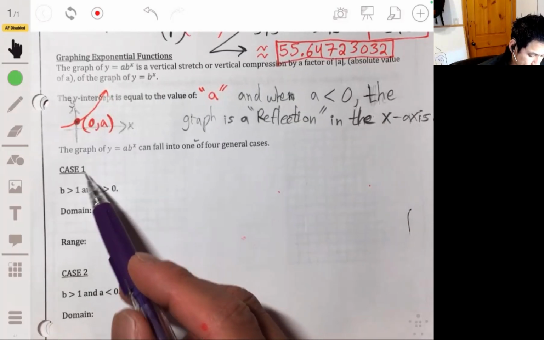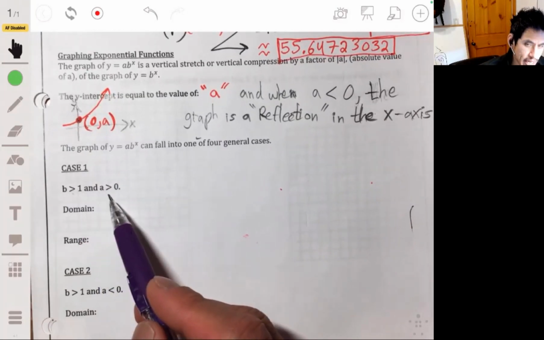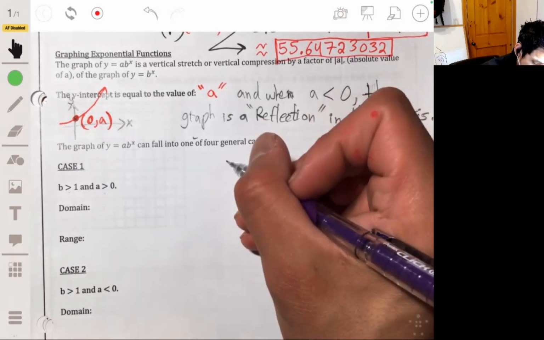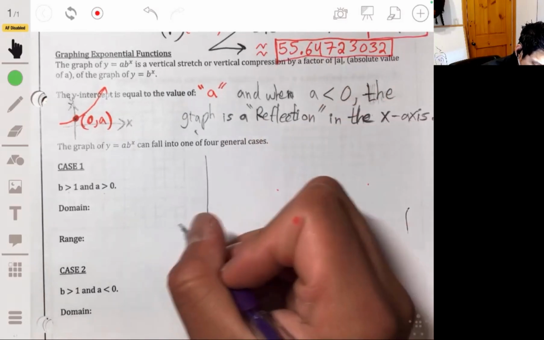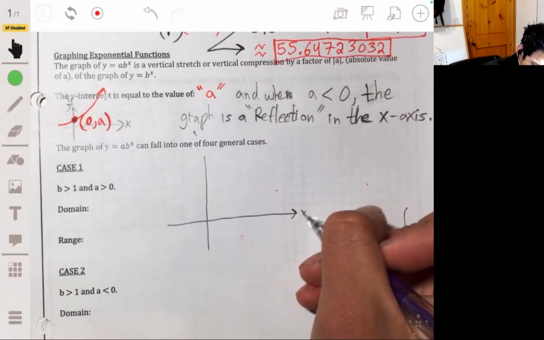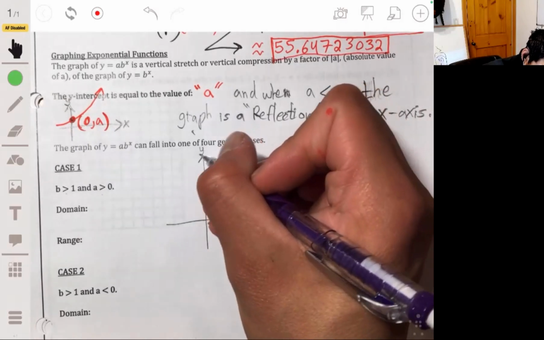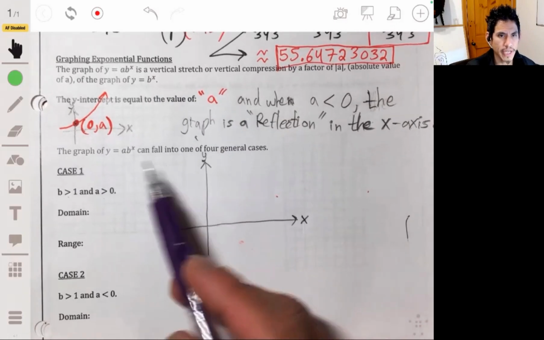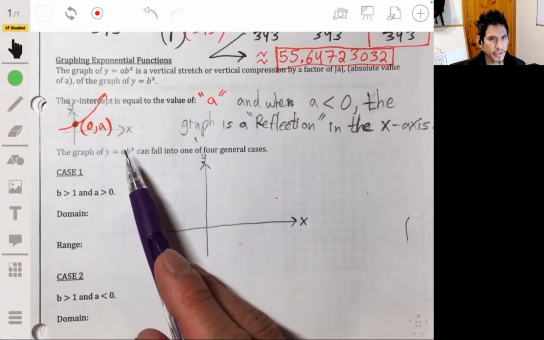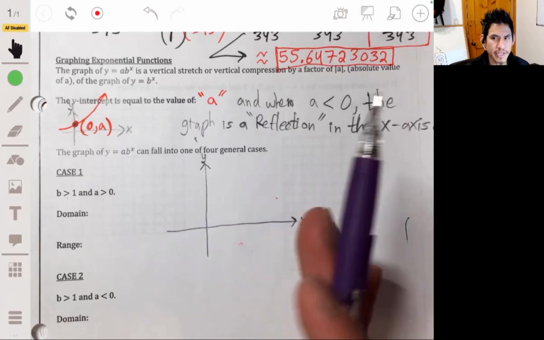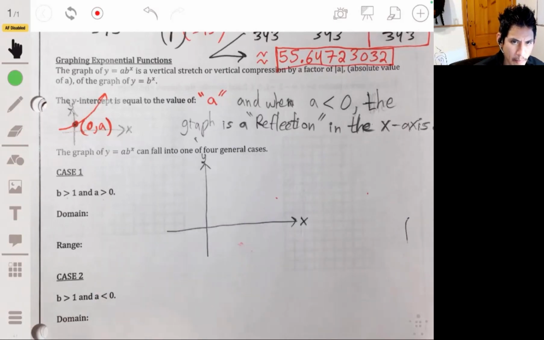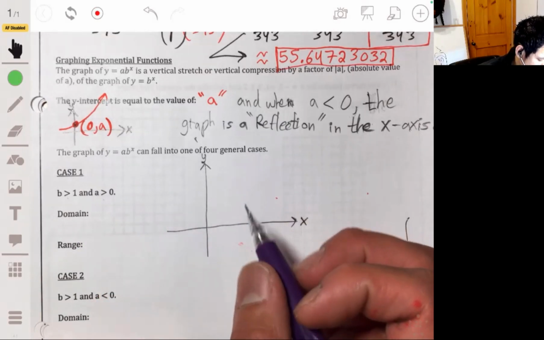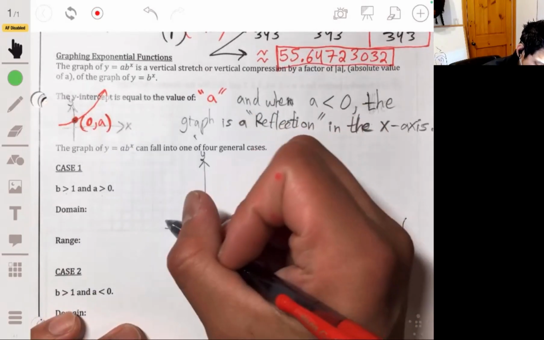Case 1. In case 1, we have that the base b is more than 1 and that a is positive. So what will happen is, making a sketch, x-y axis. I forgot to mention before that these exponential graphs can basically fall into one of 4 cases. The first case is b is more than 1, a is positive. It's going to look like this shape.